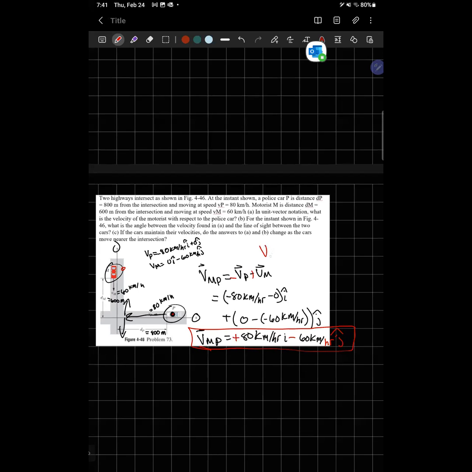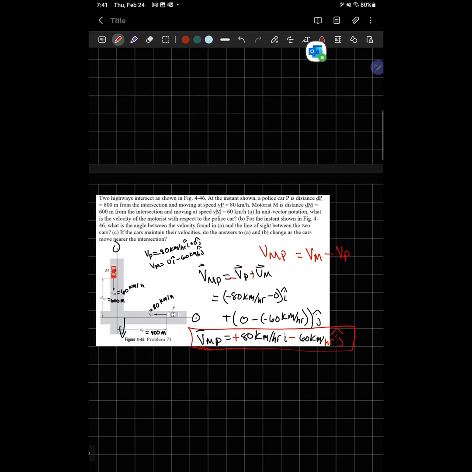So the velocity of MP, which is the velocity of the motorist with respect to the police car, is going to be the velocity of the motorist minus VP. So I guess I just set it up the wrong direction.